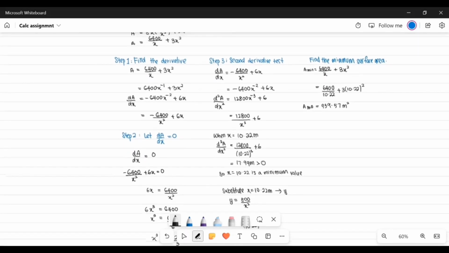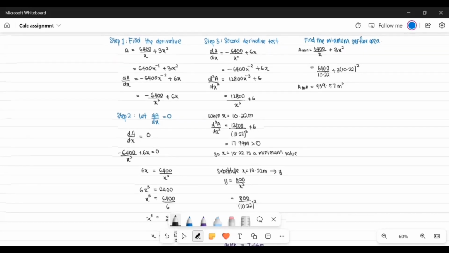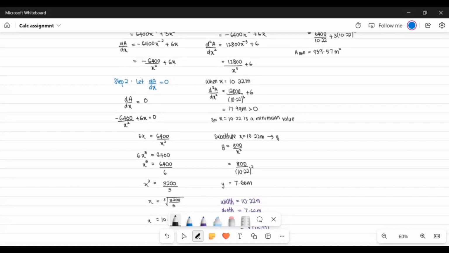So from the first derivative, you will have to differentiate it once again to get the second derivative, and then substitute the x value in the second derivative. If the value is larger than 0, then the value is a minimum.